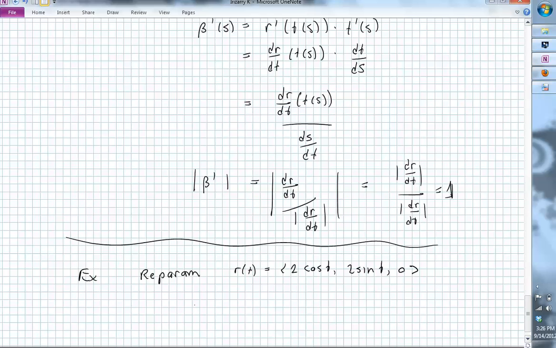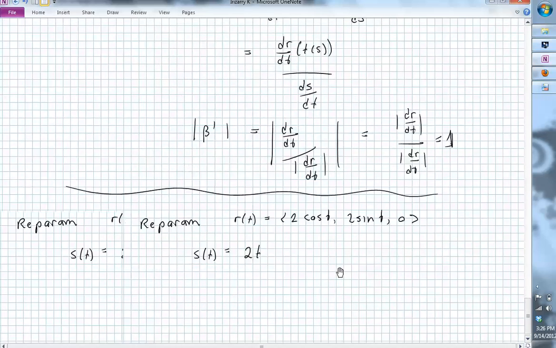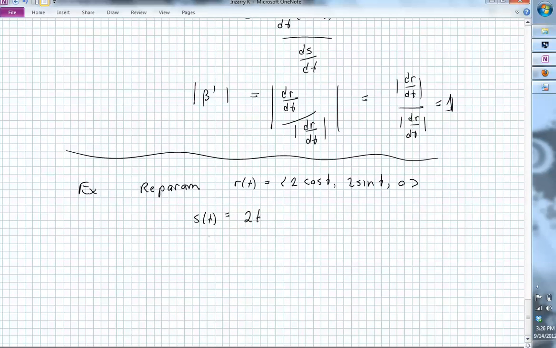I think we already did s of t for this, and it was 2t. And so t of s was just 1/2 s. And so the reparameterization beta of s is r of t of s, which means everywhere I see a t, I want to replace it with an s over 2.